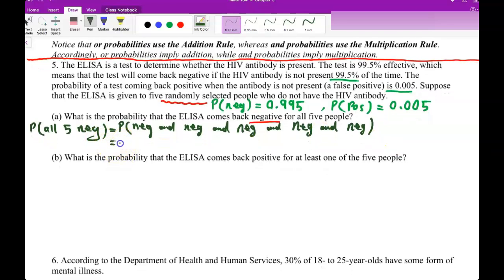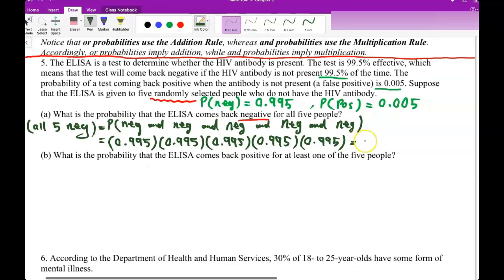That is equal to the probability of negative, 0.995, multiplied by, again, the probability of negative, 0.995.